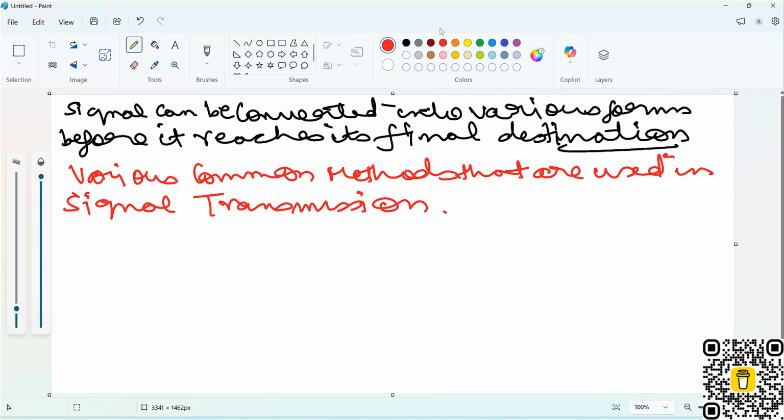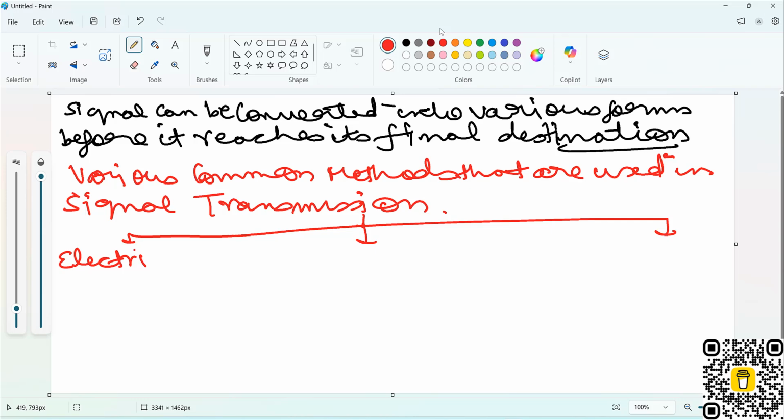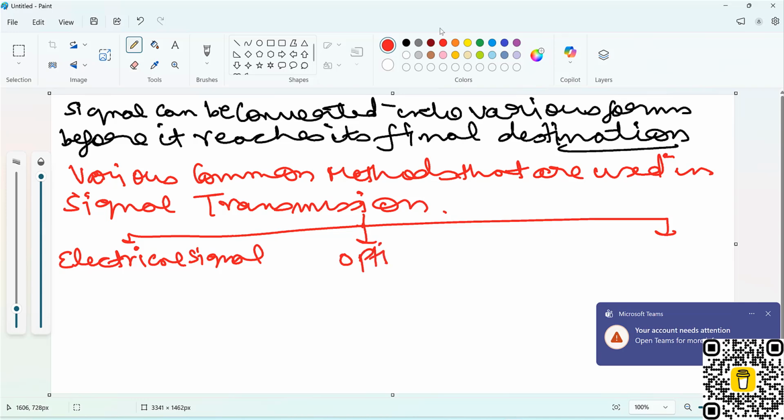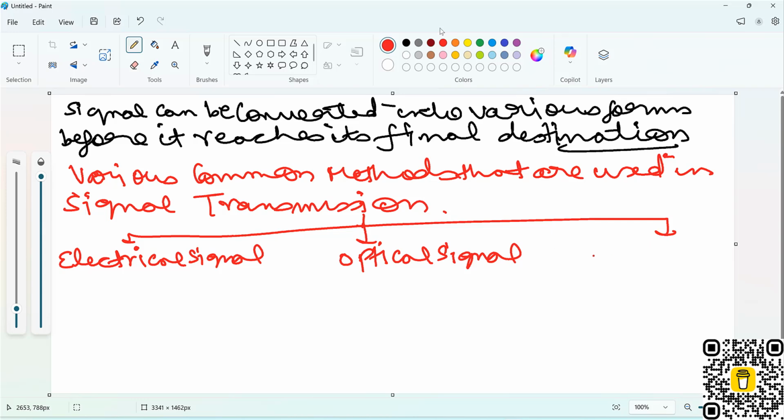And these methods are: first, electrical signal; then optical signal; then wireless signal. So what happens in an electrical signal?